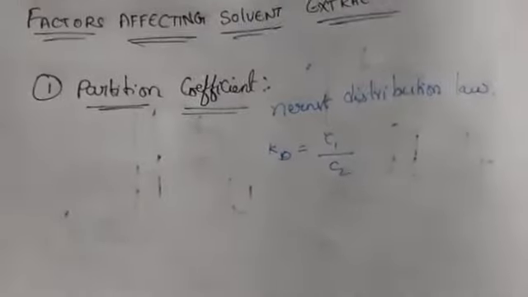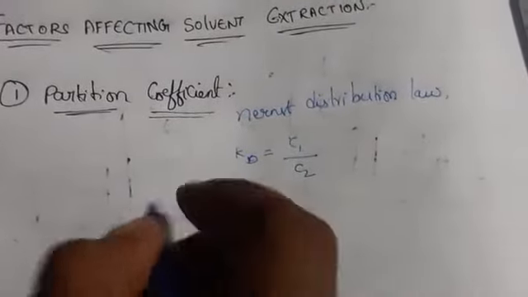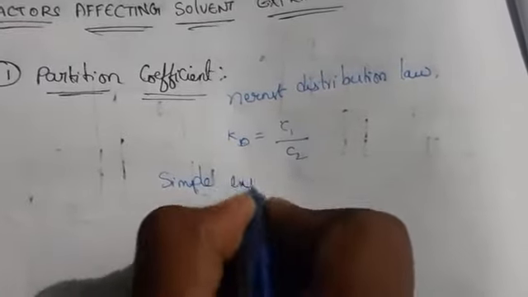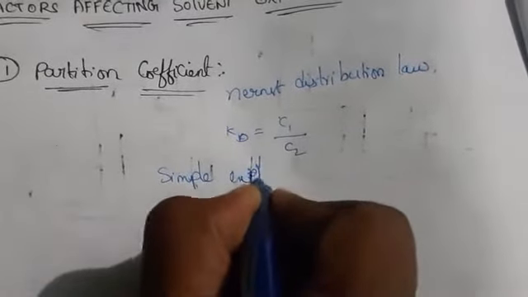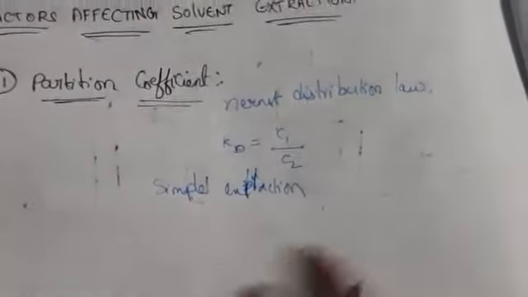If we have a large value of partition coefficient, for simple extraction you are taking a separating funnel.